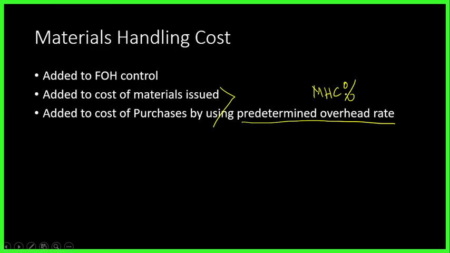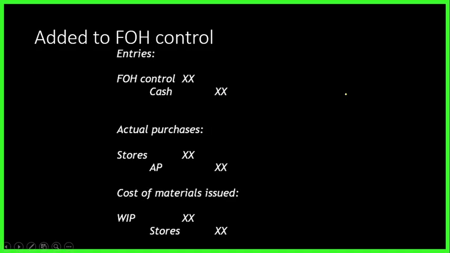If it's added to factory overhead control, that's my favorite. Every time you incur materials handling cost, you just debit factory overhead control. When you make purchases, it's the standard entry. If you make issuance, again, you have the standard journal entries.